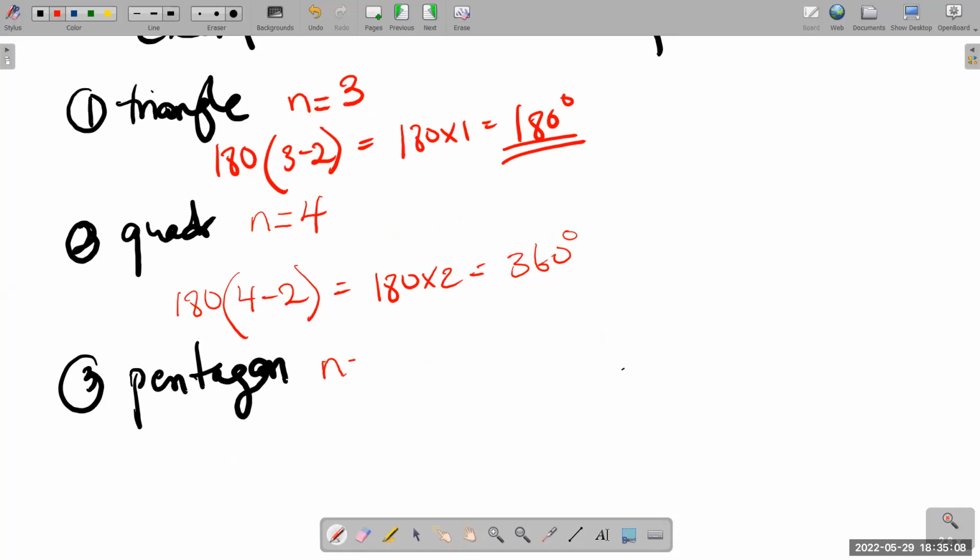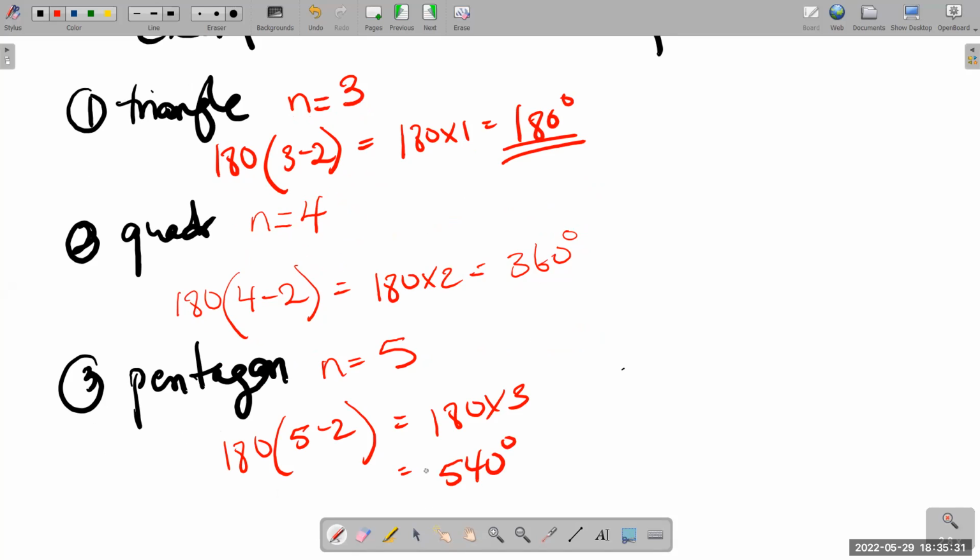For a pentagon, n is equal to 5. If you need to write down this formula, please do so. 180 times (5 minus 2), so that's 180 times 3. Somebody, what is that? 180 times 3, that's 360 plus 180, 540. Is that correct? Back check it for me, please.